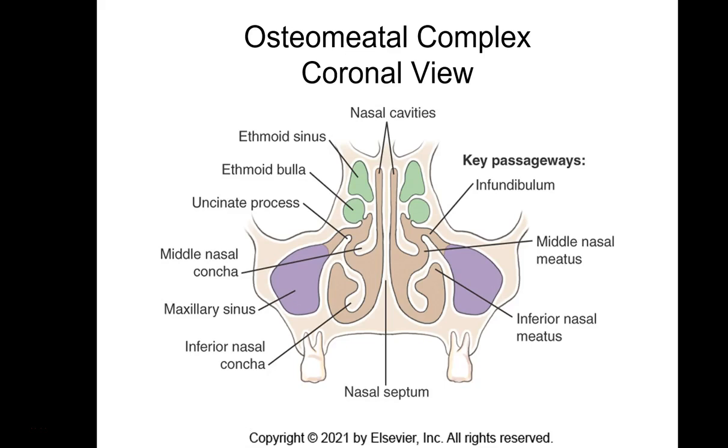The ethmoid bulla, which you can see here and here, receives drainage from the frontal and ethmoid sinus cells, which drains down through the middle nasal meatus into the inferior nasal meatus, where it exits the body through the external nasal orifice.